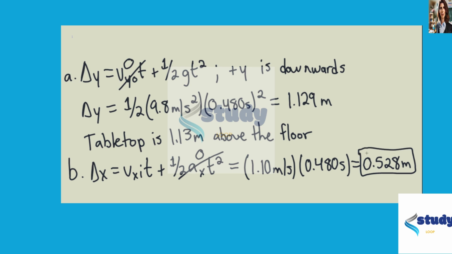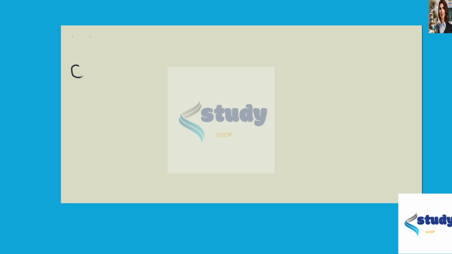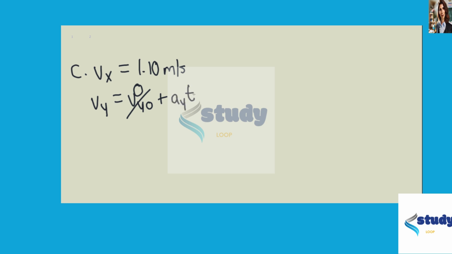And finally, for part C, the x velocity is going to be equal to the initial x velocity, so this would be 1.10 meters per second. Then the final y velocity would be equal to the initial y velocity, which we know to be 0, plus the acceleration in the y direction times t.